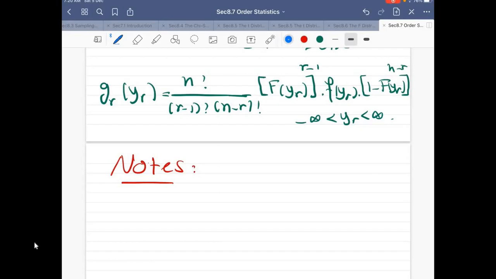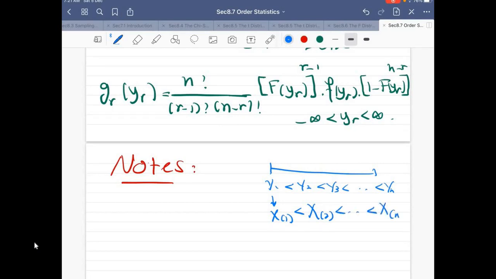Okay, now we have order statistics. My order statistics will be y1 less than y2 less than y3 less than yn. They are ordered. Okay, these are my order statistics. Some books they write them as, they use the notation x sub 1 for the first order statistics, x sub 2 for second order statistics, and so on, less than x sub n for the largest order statistics.